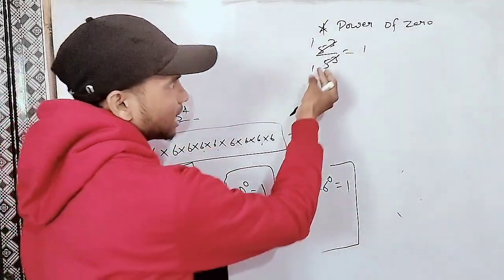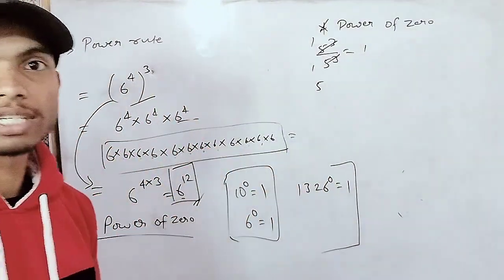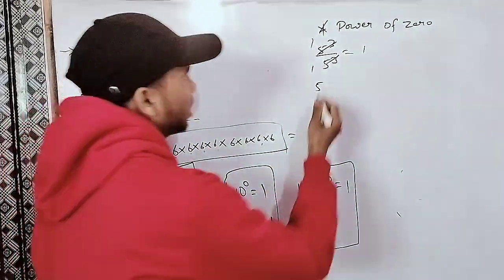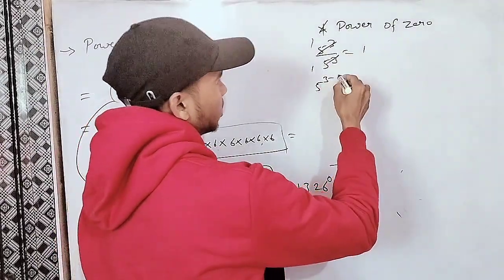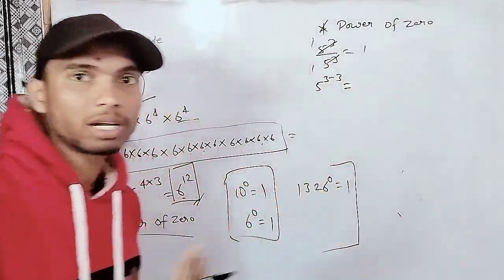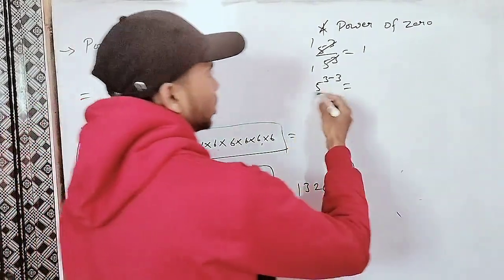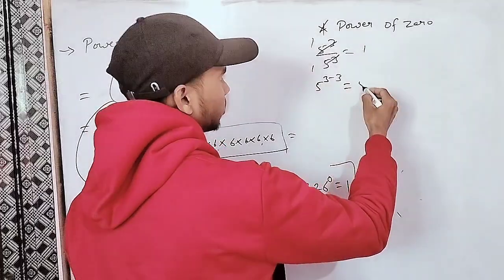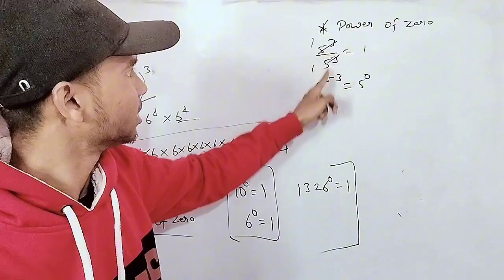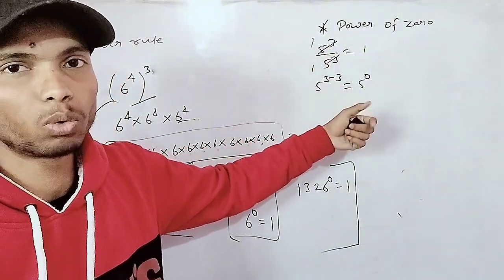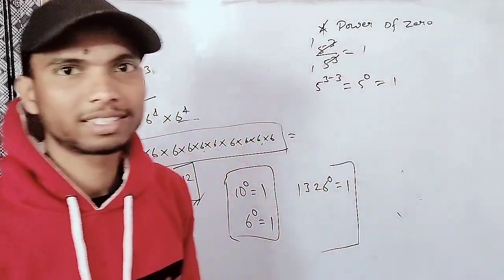Whereas it can be written like that by using the quotient rule. Using the quotient rule, the base is the same, and now the exponent is 3 minus 3. We are using exponents because we have this type of question. Now we have 0, so the answer would be 1.